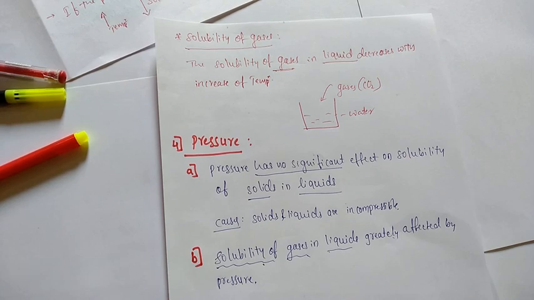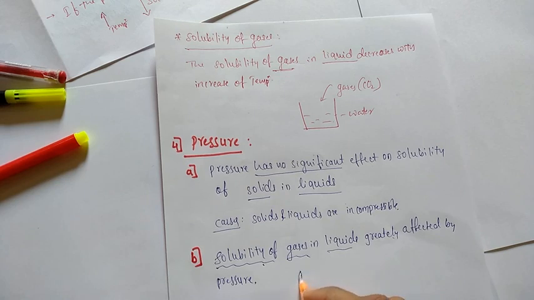Because when pressure over the gas increases, the volume of gas decreases, the number of gaseous particles per unit volume increases, and hence the rate at which gaseous particles enter the solution increases and the number of gaseous particles coming out of the solution decreases. This is why the solubility of gases in a liquid increases with increasing pressure.